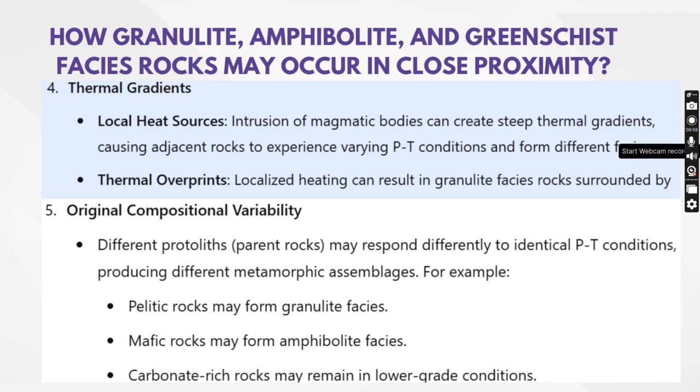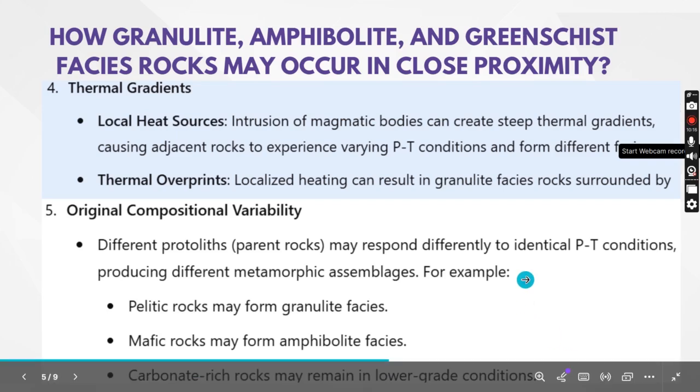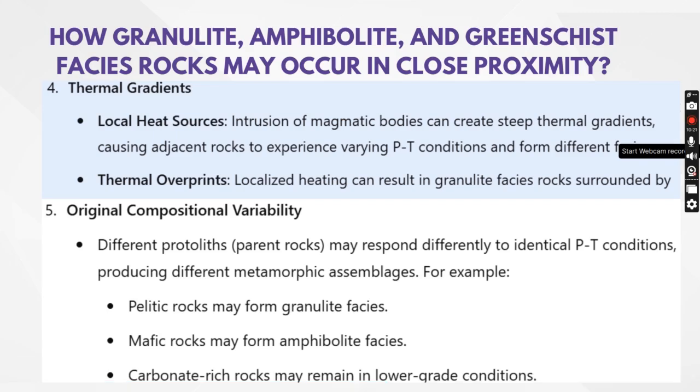Sometimes it is not a very usual thing, but sometimes this can also be possible. Facies means mineral assemblage. As I have told, that mineral assemblage is indicative of particular pressure temperature condition. So sometimes carbonate-rich rocks may remain in lower grade condition in spite of enough pressure temperature condition, in which most of the rocks become amphibolite.